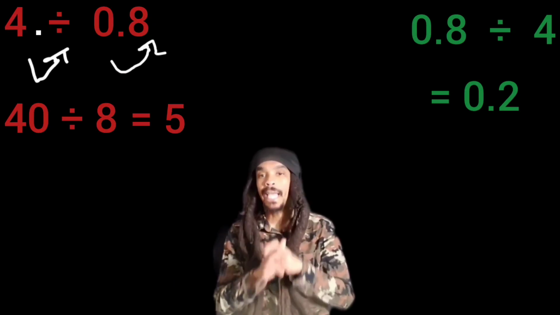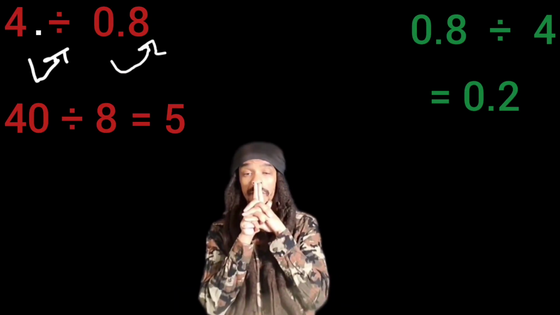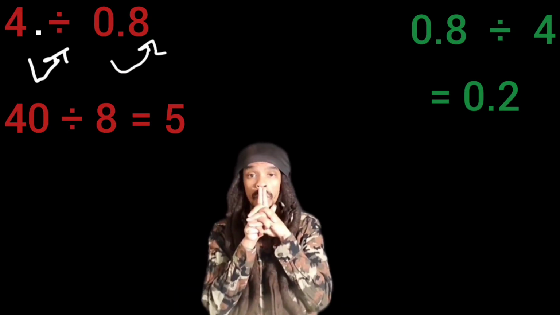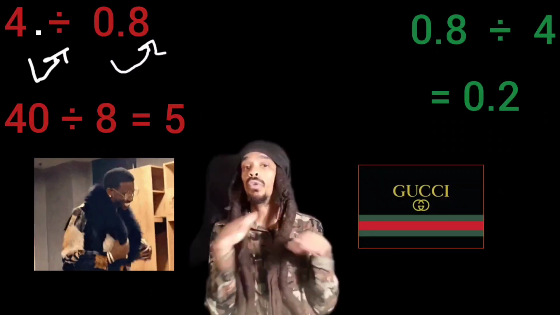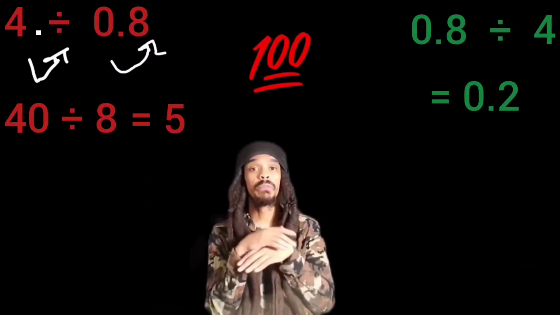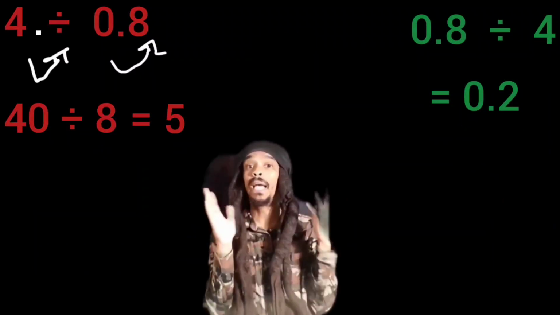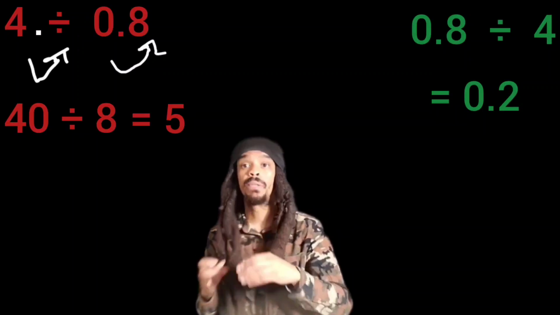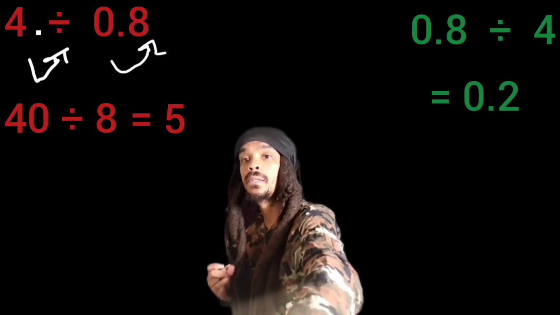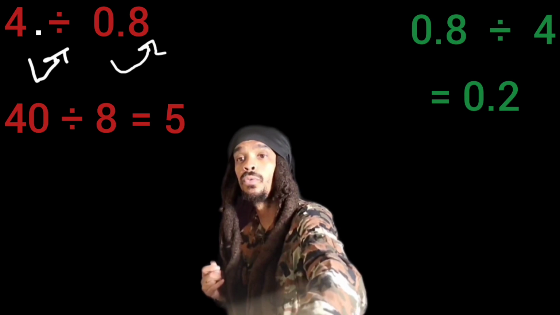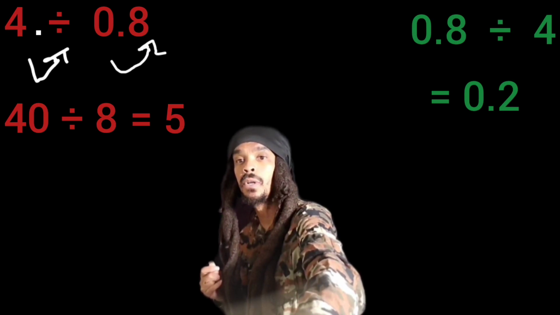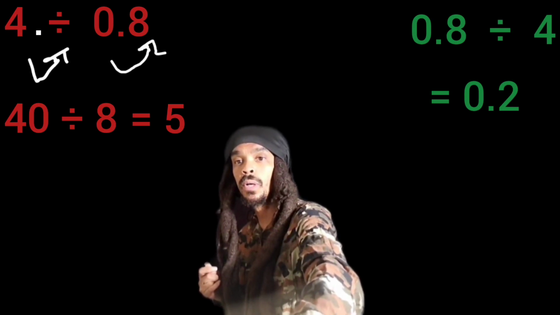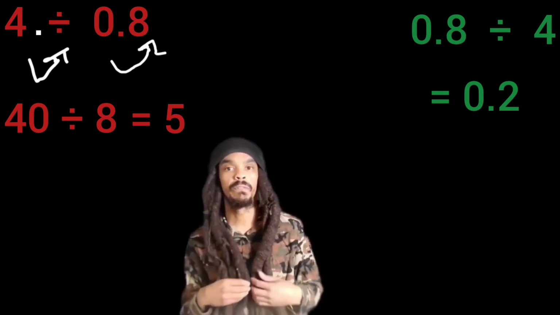So I say all that to say this. If your divisor is a whole number, you're good. Now, if we do not, I repeat, if we do not have a whole number in our divisor, what you need to do is bunny hop that decimal point out of the divisor.